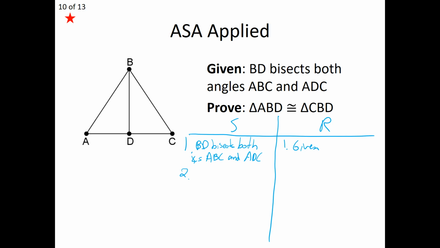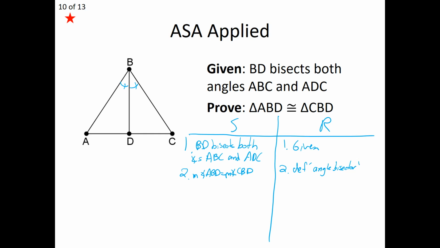So from my given, I've got actually a dual angle bisector. What that does for me is I can state two things. Let's start at the top with angle B. The measure of angle ABD is thus equal to the measure of angle CBD. I get that here from the top, and I know that because it satisfies the definition of angle bisector.